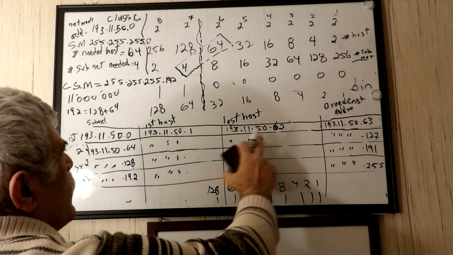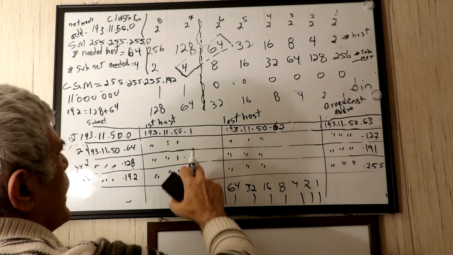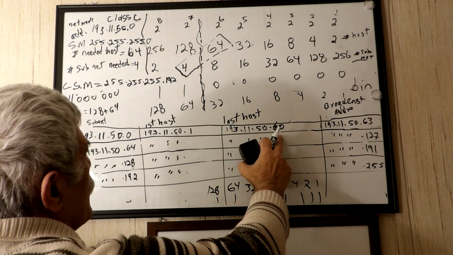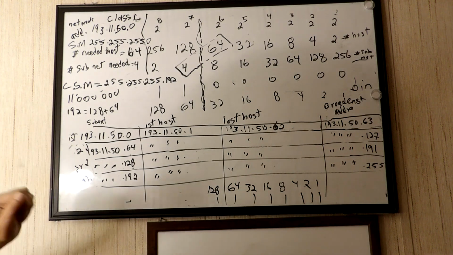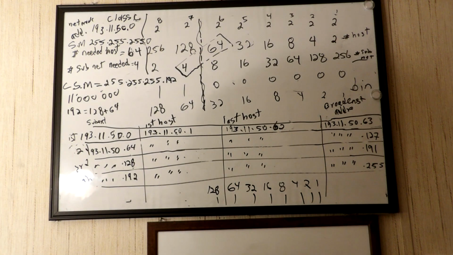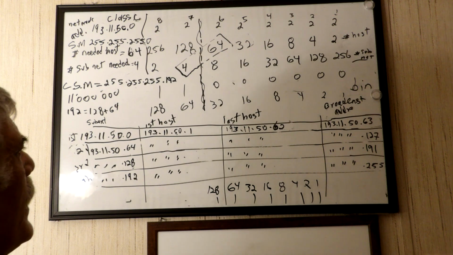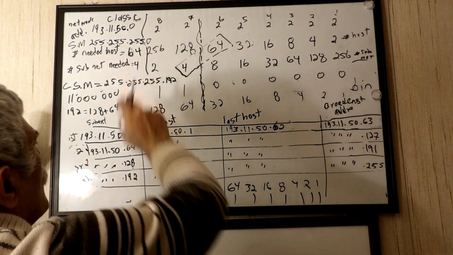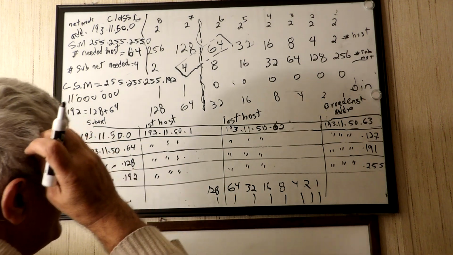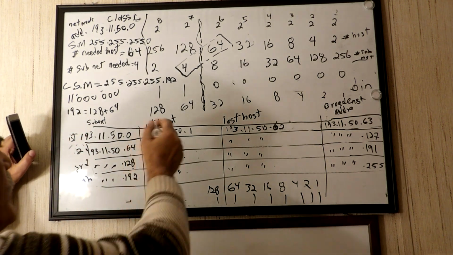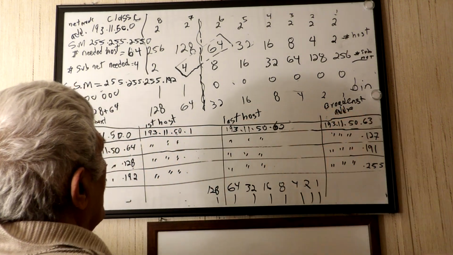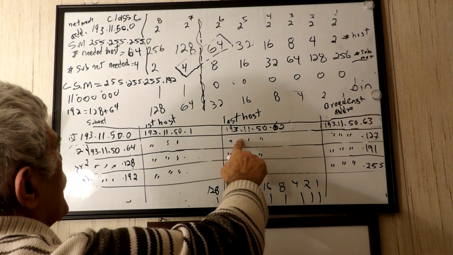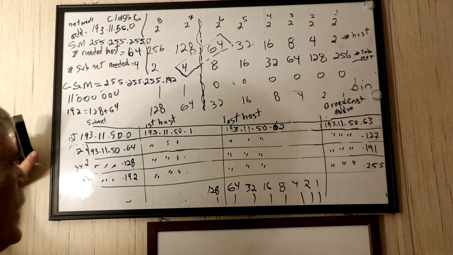From 1 to 62, which actually starts from point 2 to 62, is the usable host. We said 64 minus 2 is going to be 62 usable hosts, because one of them is used for the network and one for the broadcast.